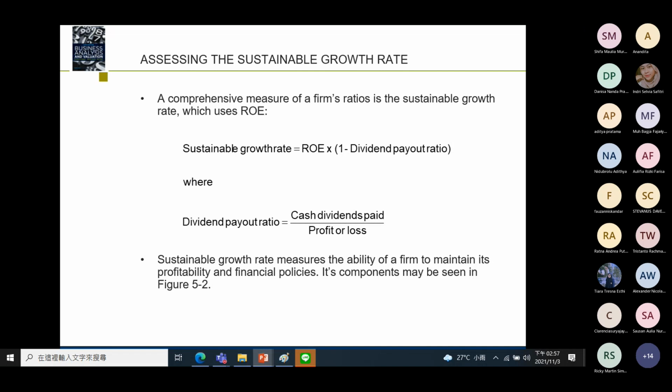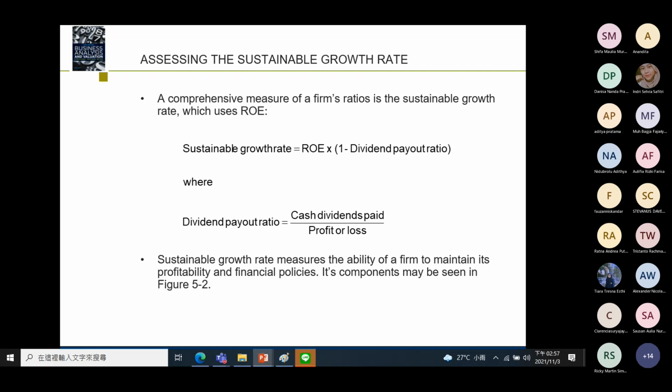Sustainable growth rates. Analysts often use the concept of sustainable growth rate as a way to evaluate a firm's ratios in a comprehensive manner.